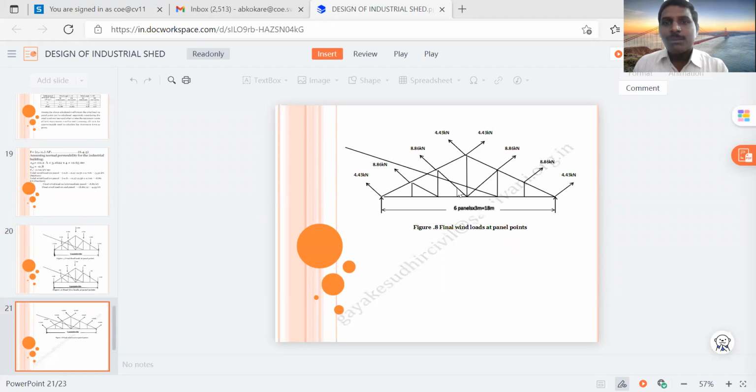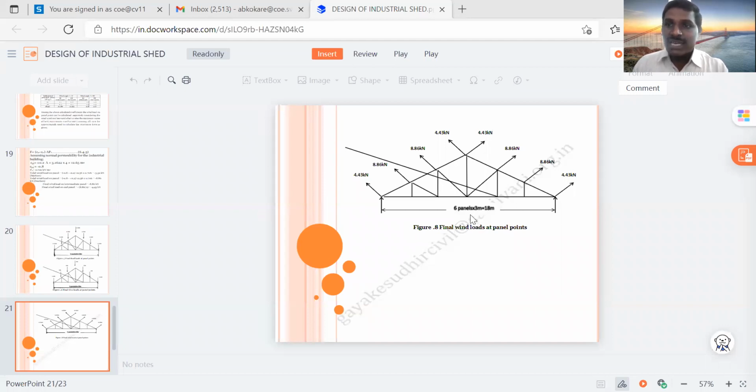Why upward? Because due to the wind force or wind coefficient, your building or industrial shed is lifted upward. It means negative uplift pressure is created inside the building. So the wind force is very important while designing the industrial shed.